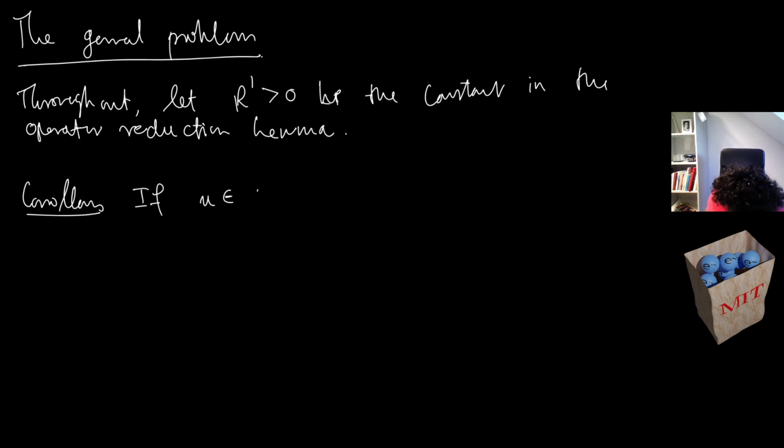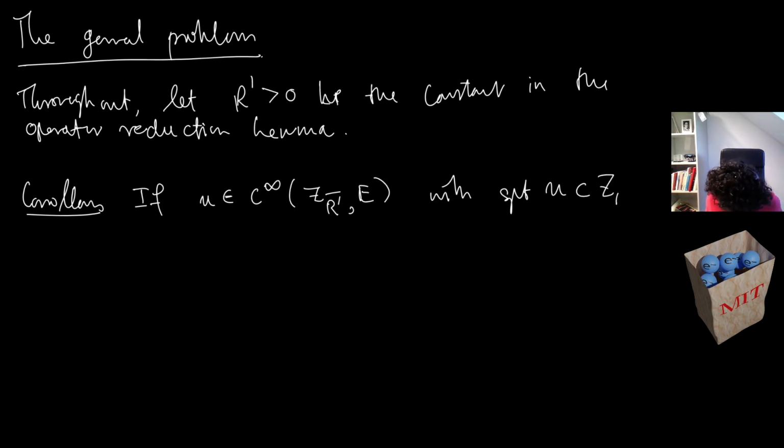I think we wrote for smooth functions on the cylinder up to R prime. So if U is in the cylinder up to R prime in E, with support of U contained in Z R prime.